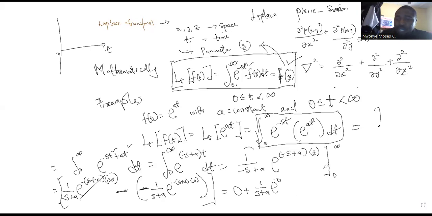Now, remember from your indices, anything raised to power 0 is equal to what? 1. If you're talking about 1 million raised to power 0, the answer is going to be 1. So that is why I'm going to be having 0 plus 1 all over s plus a. So we have 1 all over s plus what? Plus a, right? Because this particular exponent raised to power 0 is equal to 1. And that is why you have this as your answer.